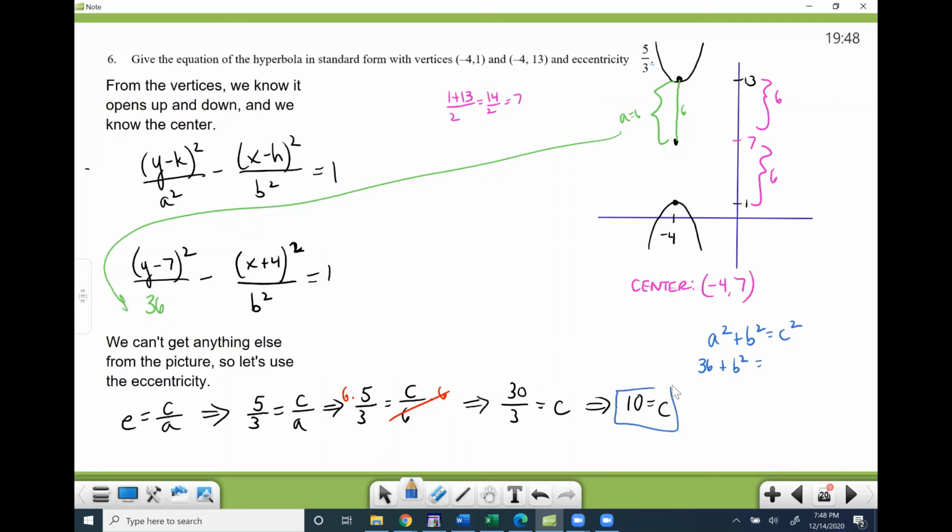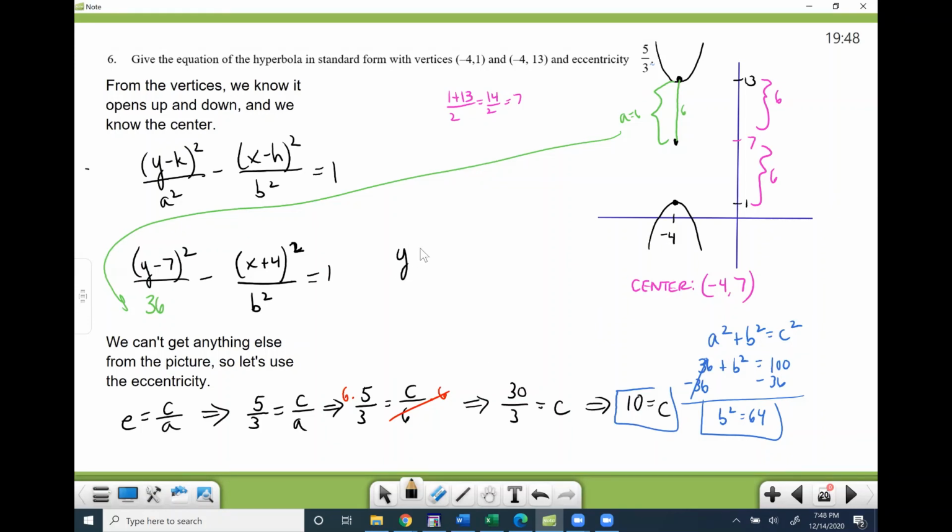If C is 10, then 100 would be your C squared. Oh, I just need B squared. Okay, cool. So now that we have B squared, we can plug them in. We're done. So here's our final answer.